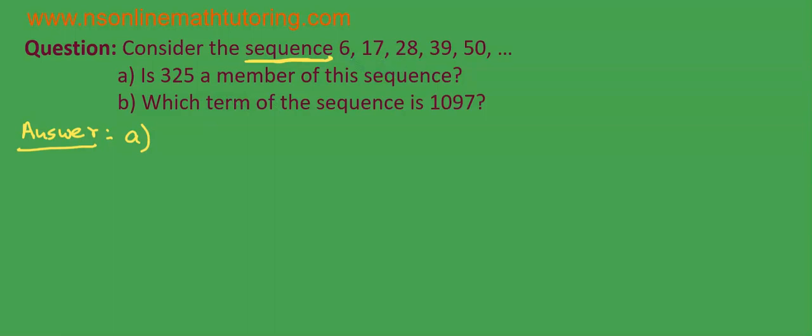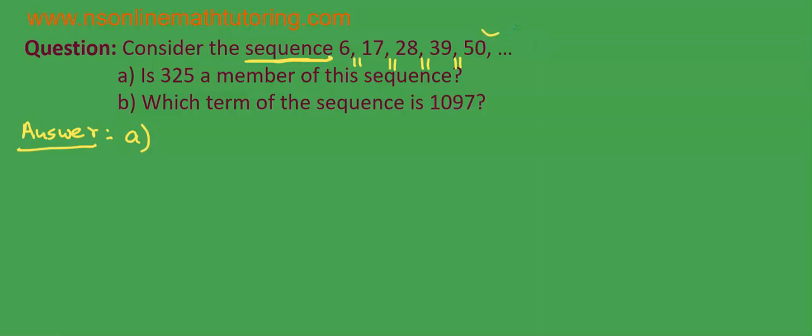We are seeing 17 minus 6 is equal to 11. 28 minus 17 is equal to 11. 39 minus 28 is equal to 11. And of course 50 minus 39 is also equal to 11. Therefore, there exists a common difference between the numbers. Hence, it is an arithmetic sequence.